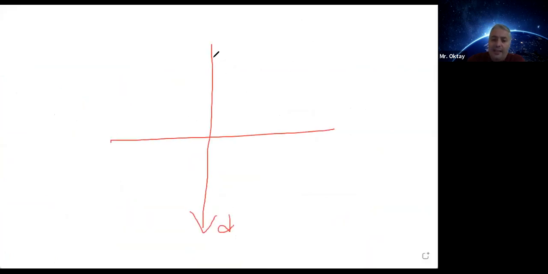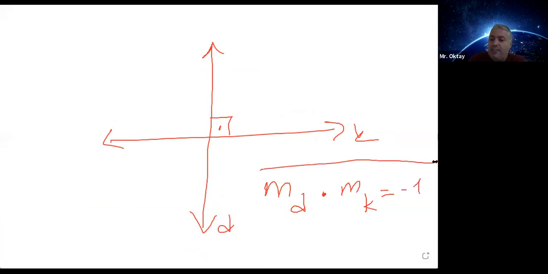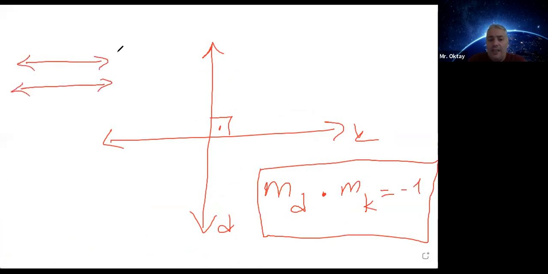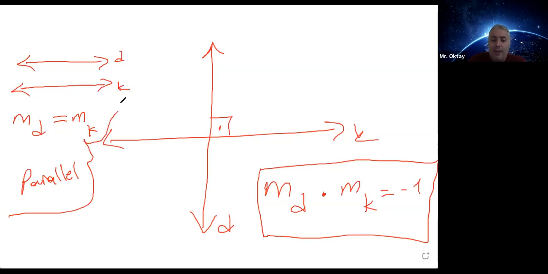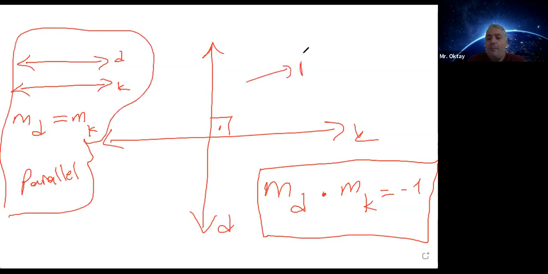Let's say this is line D, this is line K. If these are perpendicular to each other, slope of line D times slope of line K is equal to -1. This is a rule we have to know. If two lines are parallel to each other, which means they do not intersect, the rule is this: slope of D is equal to slope of K if they are parallel.